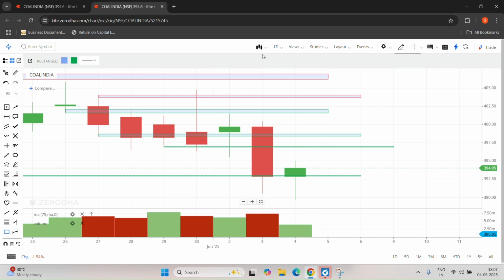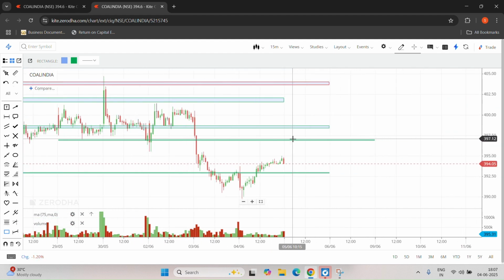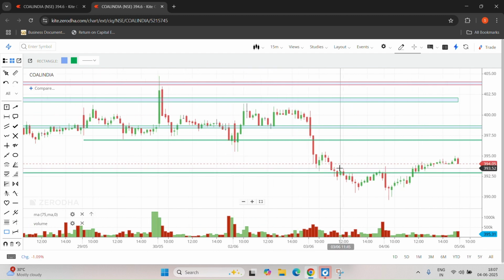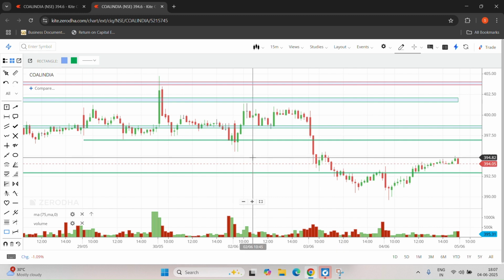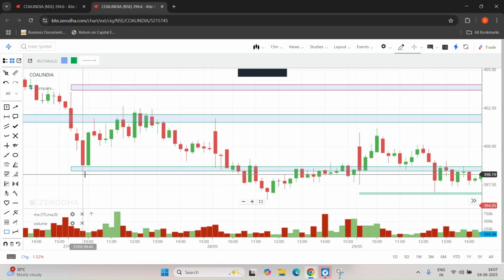If you go on the 15 minutes time frame or 5 minutes, whatever, I prefer the 15 minutes time frame when I trade. Just look at this, how well it has reacted to the particular support and resistance zones. We had marked the support zone here.